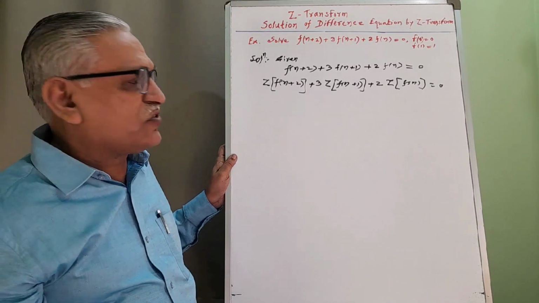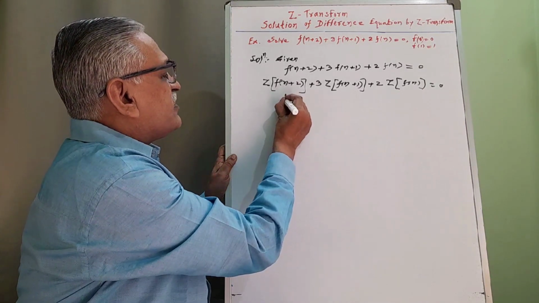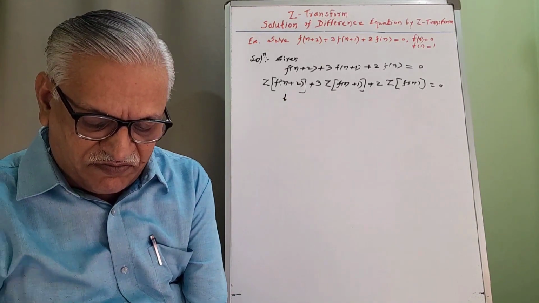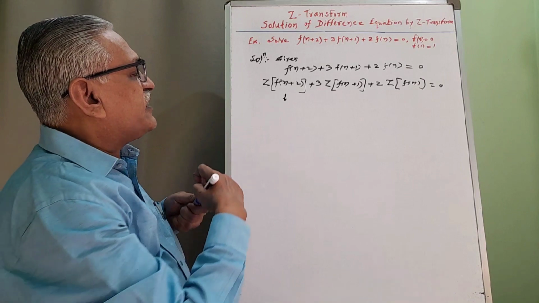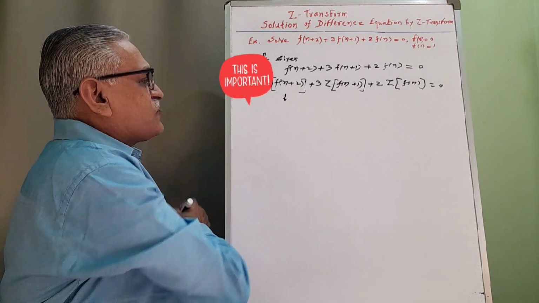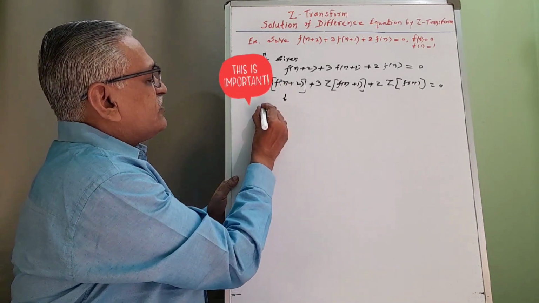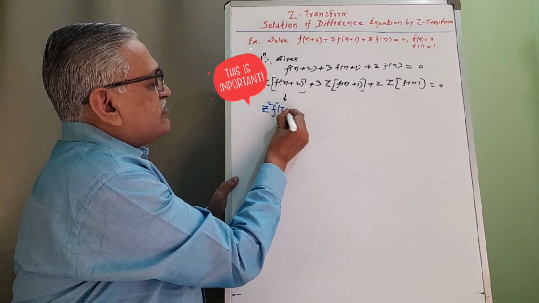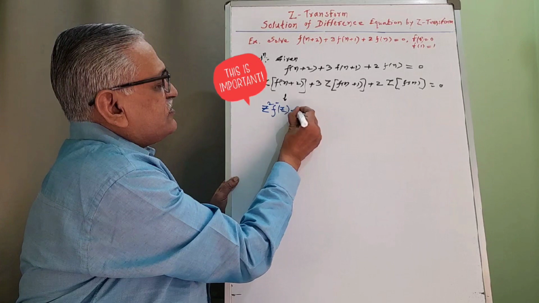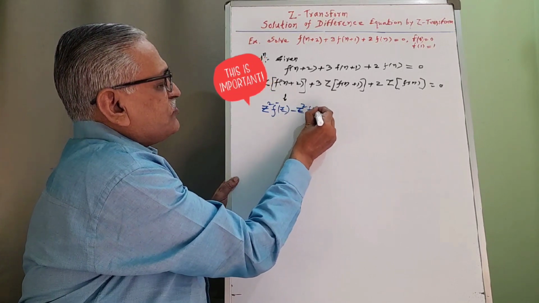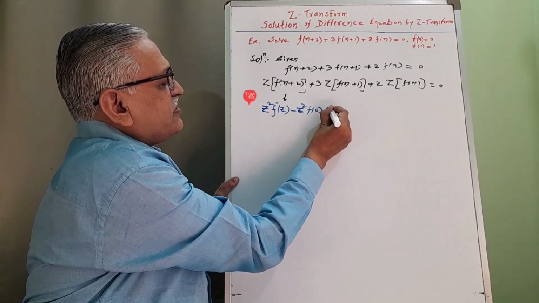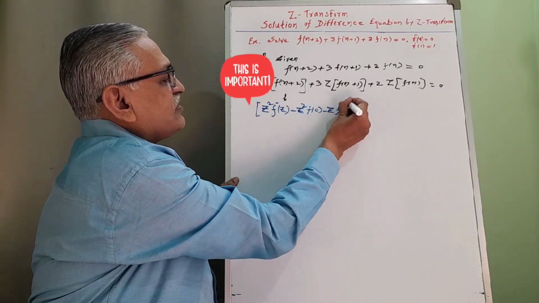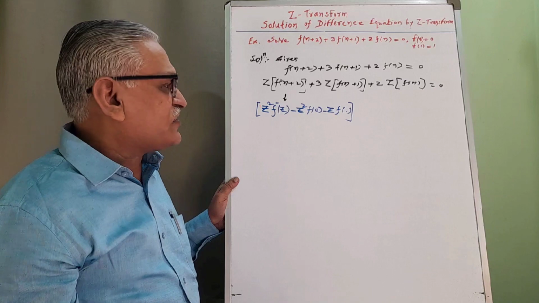Z transform of 0 is 0. And then applying the standard result, Z transform of f of n plus 2 is z square f bar of z minus z square f of 0 and minus z f of 1. This is the Z transform of the first term.